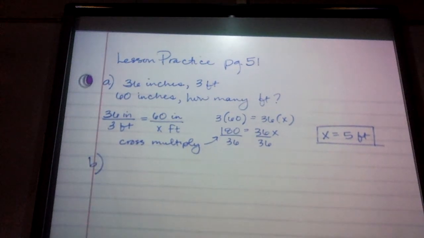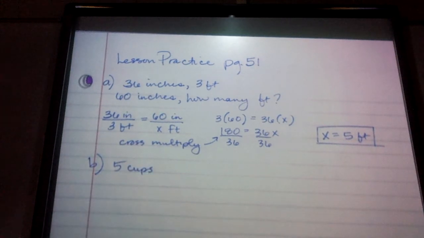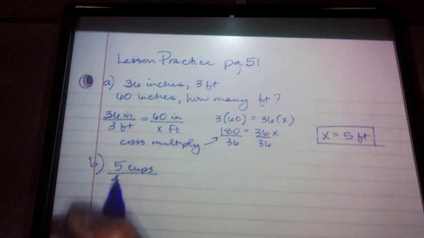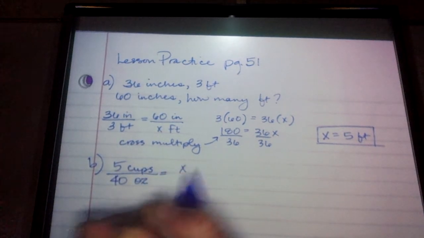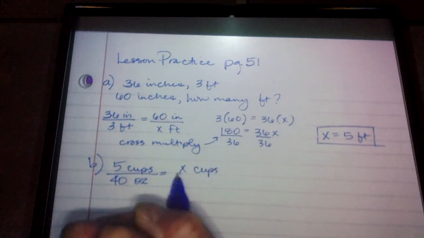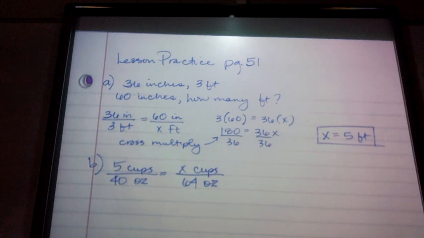B, they told me the number of cups varies directly with the number of fluid ounces. Now, I don't have this conversion memorized. So 5 cups is equivalent to 40 ounces. And it asks how many cups are equivalent to 64 ounces. So again, I like to use ratios.